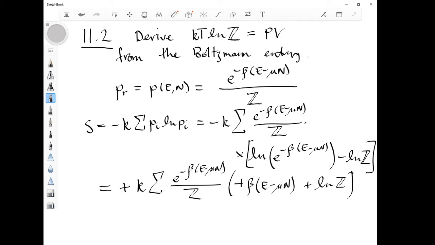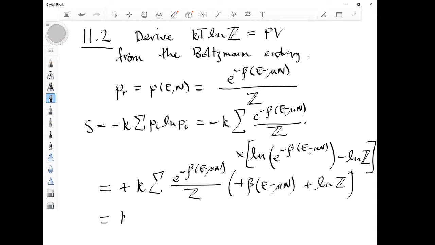And then we notice that we have our probability here and then variables here. And so when we sum over the probability times a variable, we end up with the average of that variable.